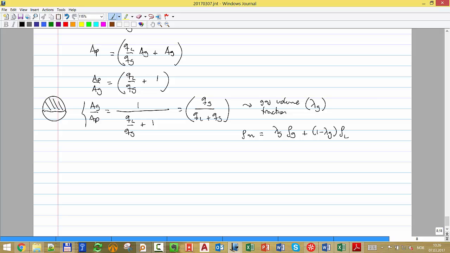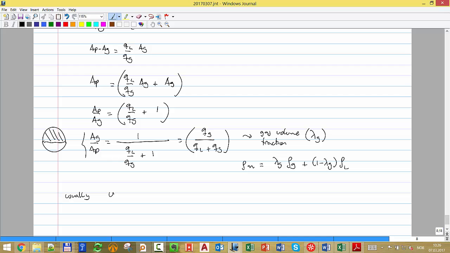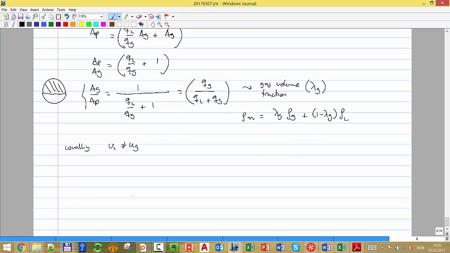Now life is not so simple. We usually have UL different from UG; they have a different magnitude. What will that cause on the cross section area? Let's say that we have our case with no slip.